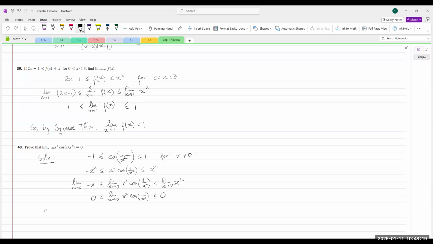If you use squeeze theorem, you need to express it explicitly when you come to the conclusion. So by squeeze theorem, the limit as x approaching 0 of x squared cosine of 1 over x squared is 0.